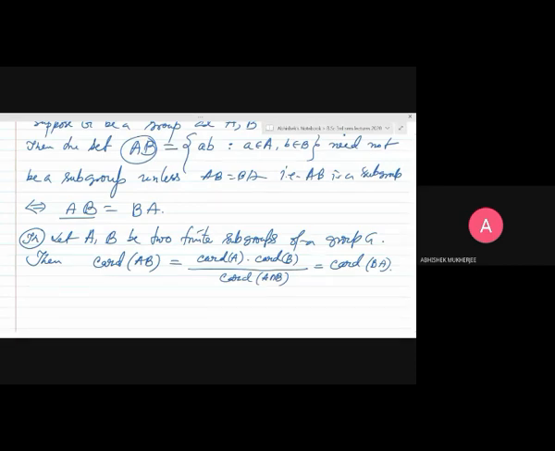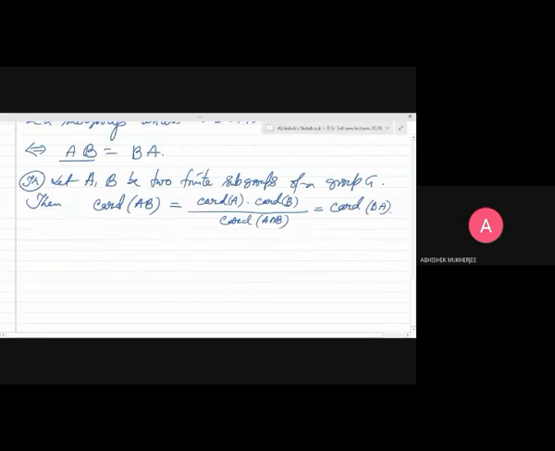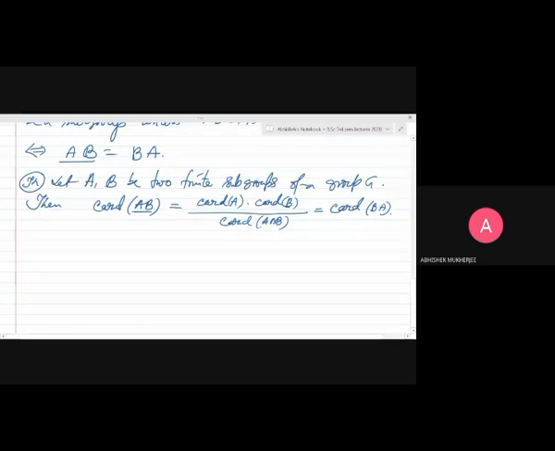So this we can prove very easily, just having a look at the elements of AB, how they can be represented in terms of elements from this set.